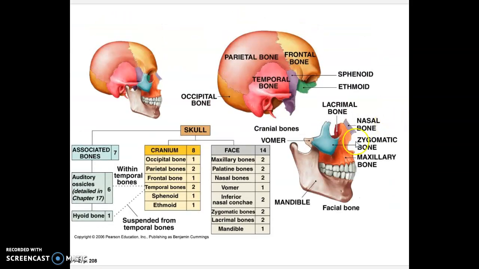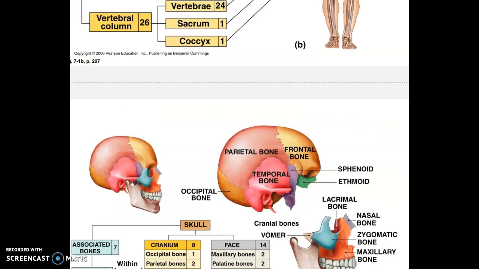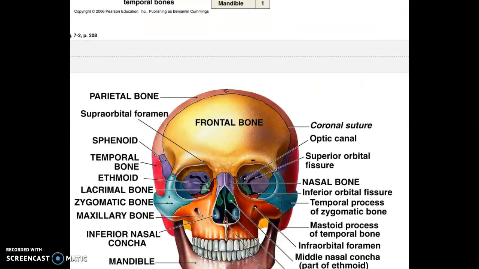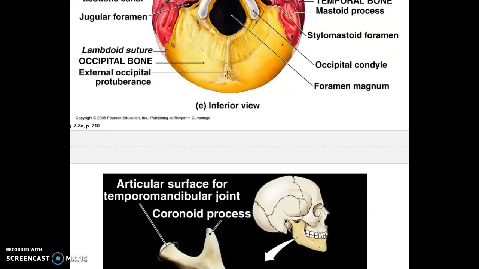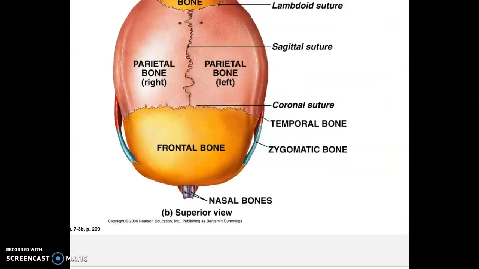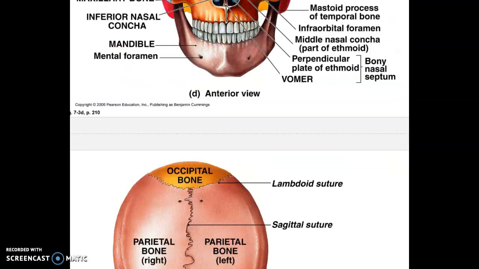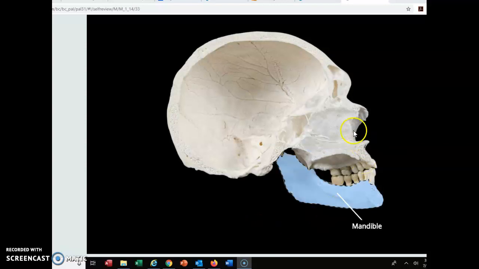It's an unusual looking bone. Can't believe I don't have a better picture of it, but I will find one and show it to you later.